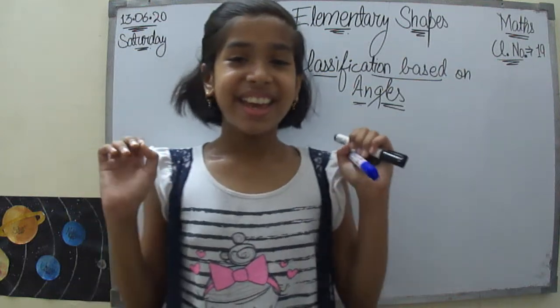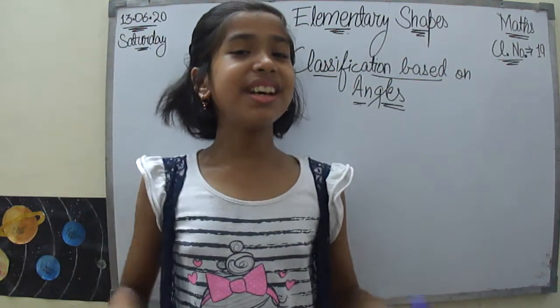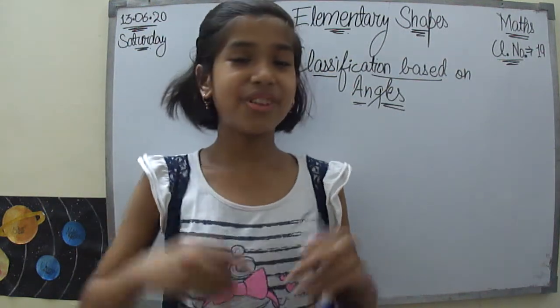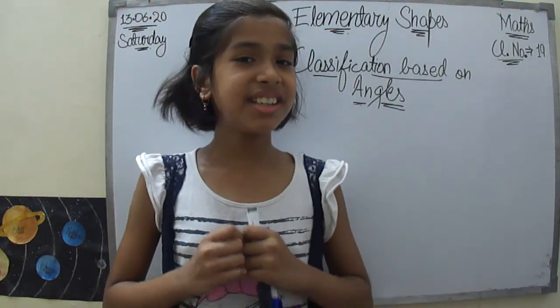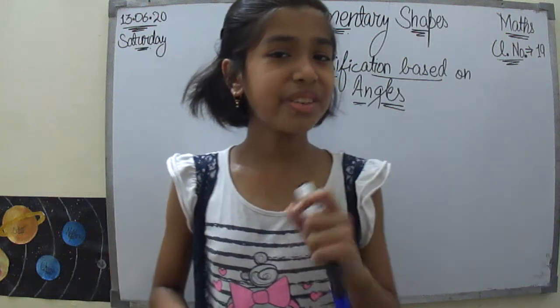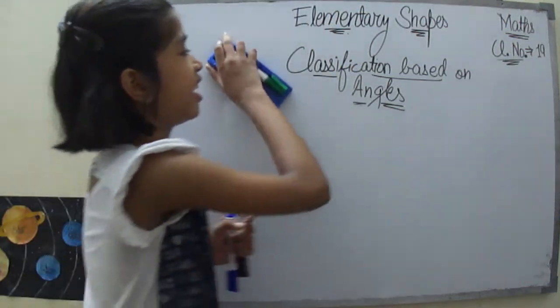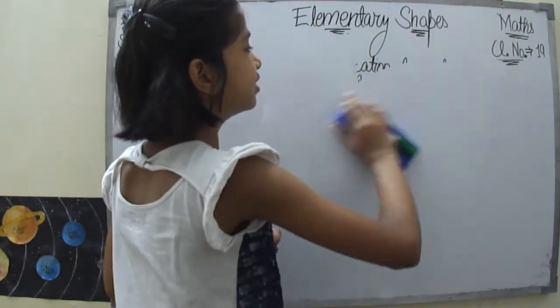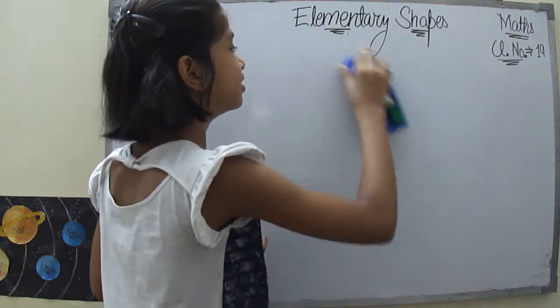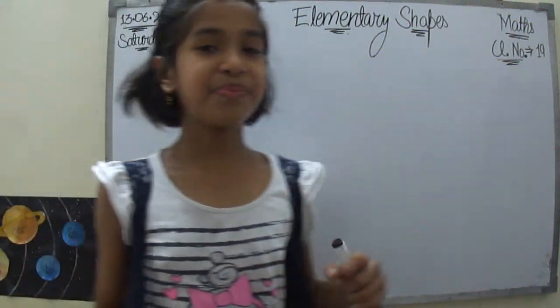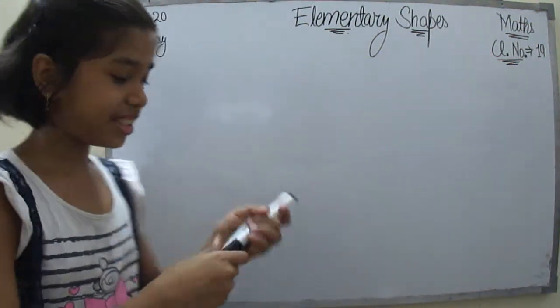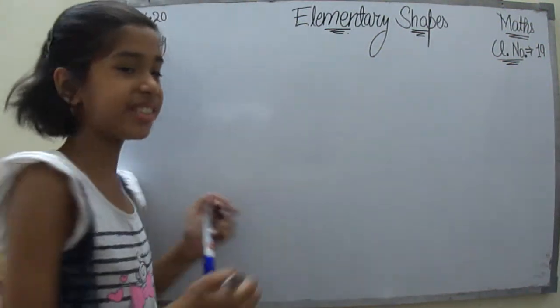Now, in my previous video, we had taken a clock for seeing the angles, right? And today we are going to see a very interesting thing. So today, let's have some questions.